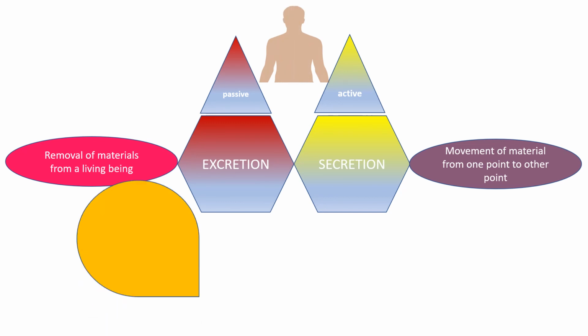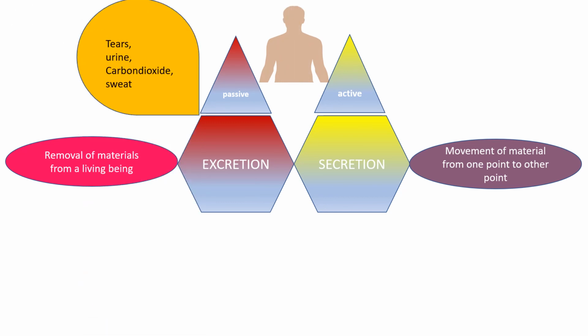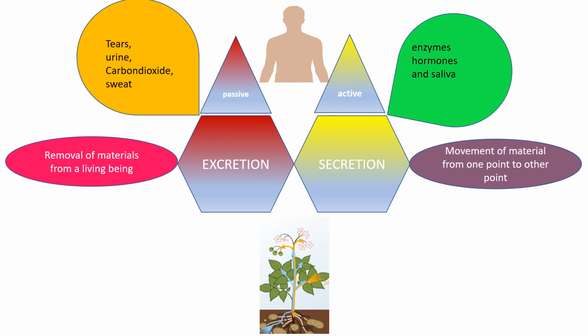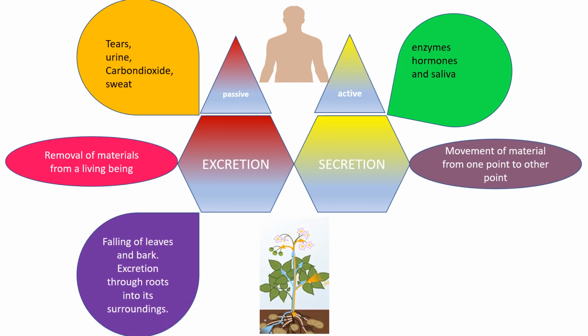Humans excrete materials such as tears, urine, carbon dioxide and sweat, while secretion includes enzymes, hormones and saliva. In plants too, we find excretion through roots into the surroundings and falling of leaves and bark. Secretion occurs in the plant body in the form of latex, resins, gums, etc.